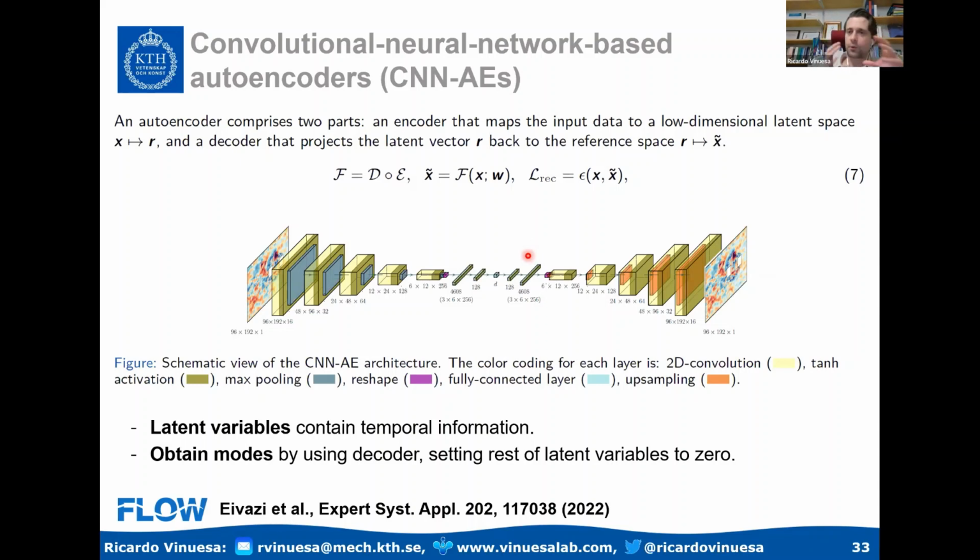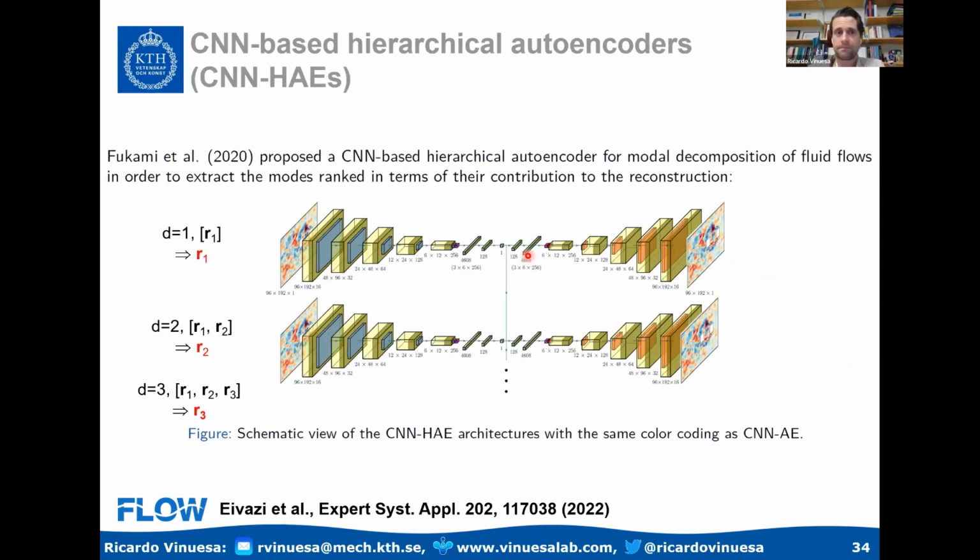Of course, the regular autoencoder doesn't have any interesting property of optimality or orthogonality. Hierarchical autoencoders, which were proposed by Fukami and others, are interesting because they can help us to develop a hierarchy of modes. So I have an autoencoder with a dimension size of the latent space of 1. That gives me a first latent variable.